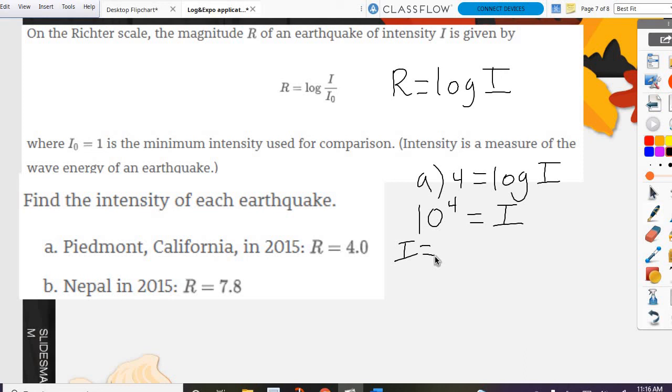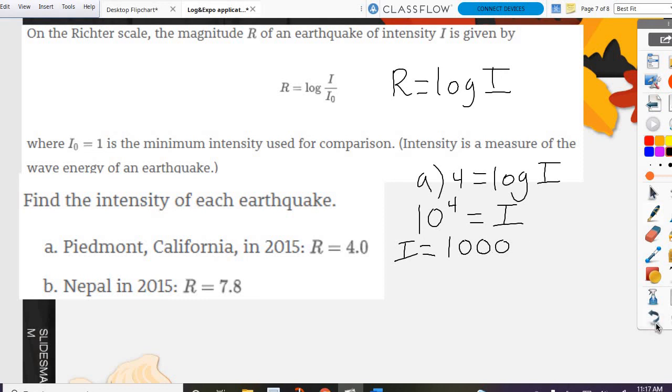A lot of them. One with a lot of zeros. So how many zeros? 4 extra zeros from 10. So how many zeros total? 5. Oh, 100,000. Do we agree? 10 to the fourth is 10,000.